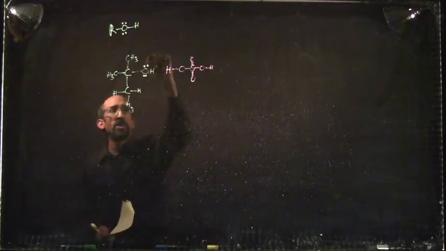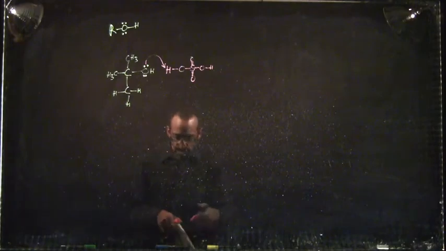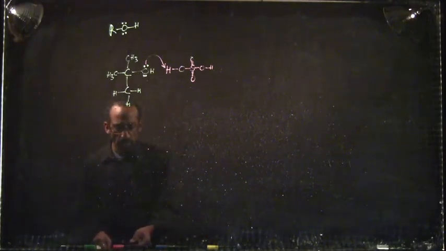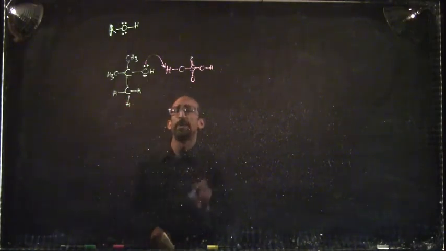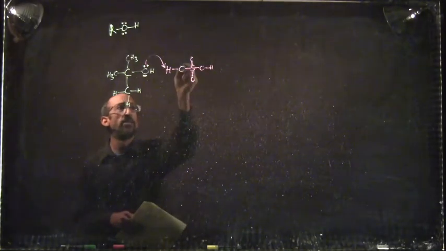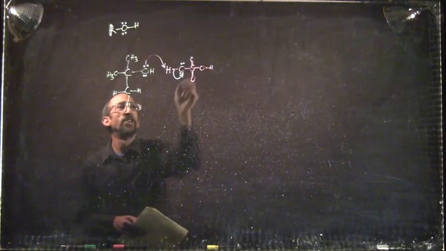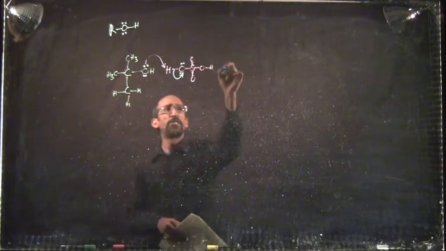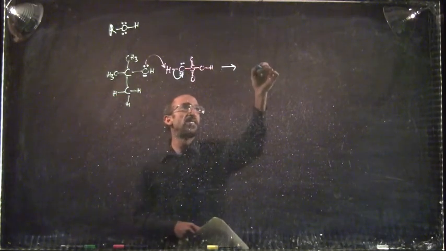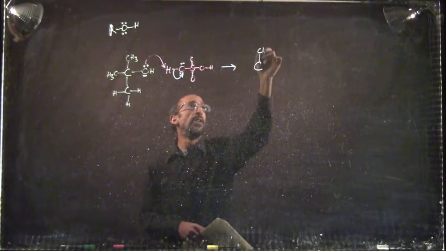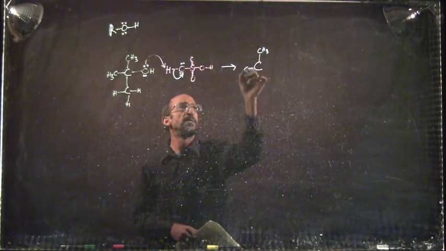So first step, the alcohol oxygen is protonated from H2SO4. Sorry, my pens are starting to run out of ink, so I keep hopping around looking for a good one. All right, so that's our first step. That gets us now to our oxonium.